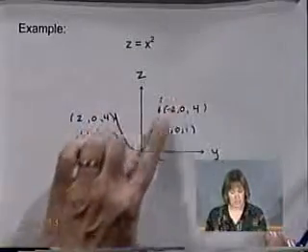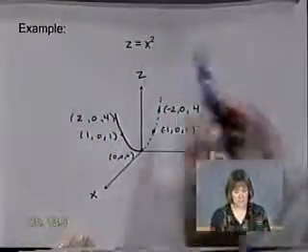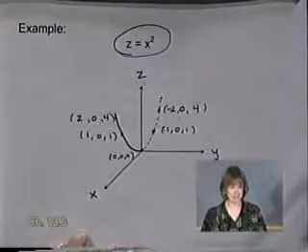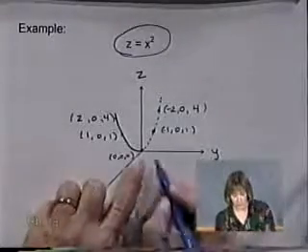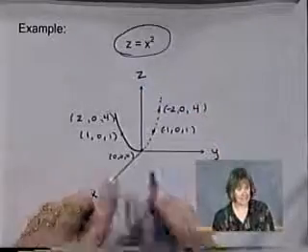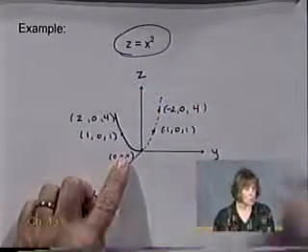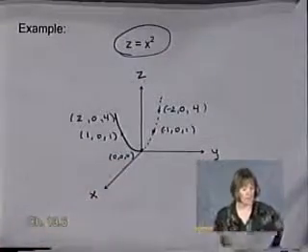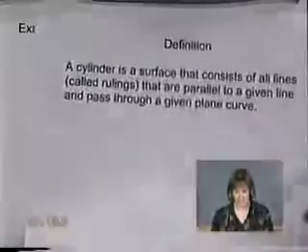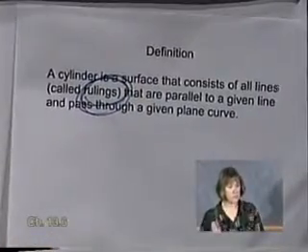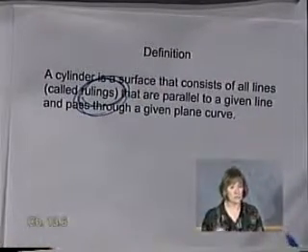All of these points worked. So since y is not in the equation, y could be anything. And so what we can do is take any point in the xz plane and move it parallel to the y-axis, give it a different y coordinate. When we do that, we get what your book calls rulings, because when we go parallel to the y-axis, we're going to be drawing lines parallel to the y-axis.